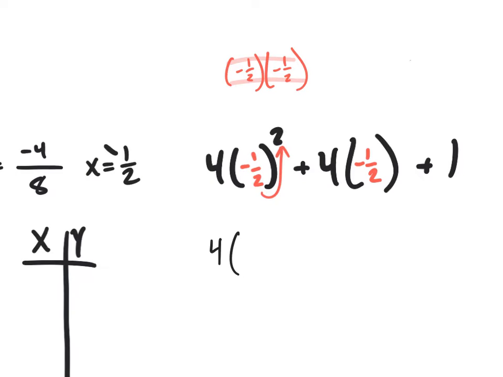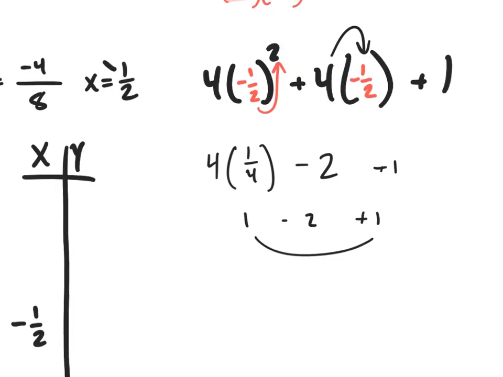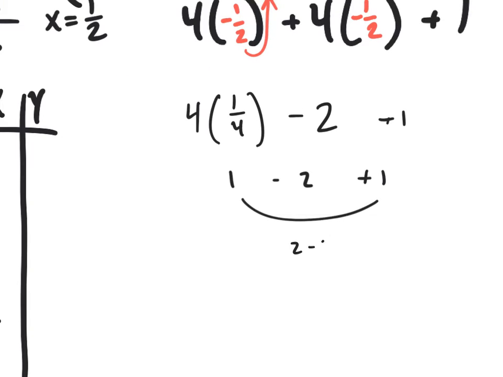Negative times negative is positive. 1/2 times 1/2 is 1/4. Then for this next one, it's 4 times a negative 1/2, which will turn us negative and make it a 2, because 4 times negative 1/2 is really just 4 divided by negative 2. 4 times 1/4 is 1. So we get a 1 plus 1 here is 2. 2 minus 2 gives us a y-coordinate of 0.